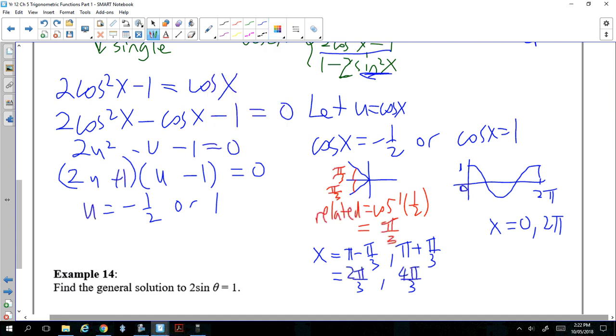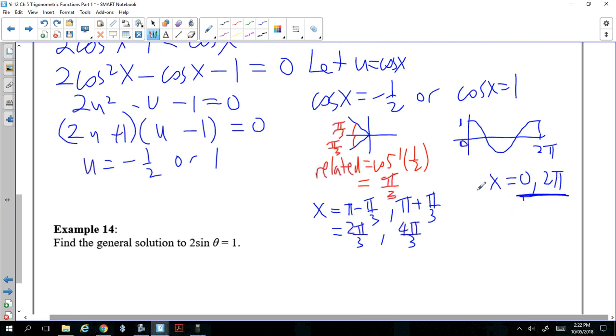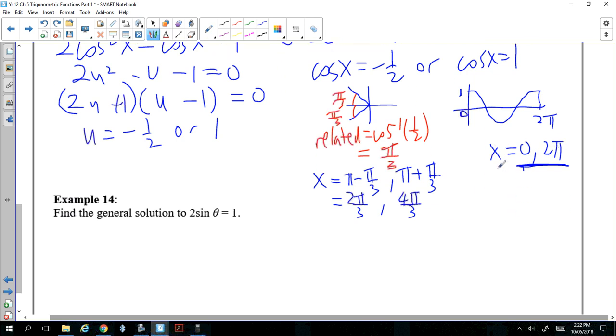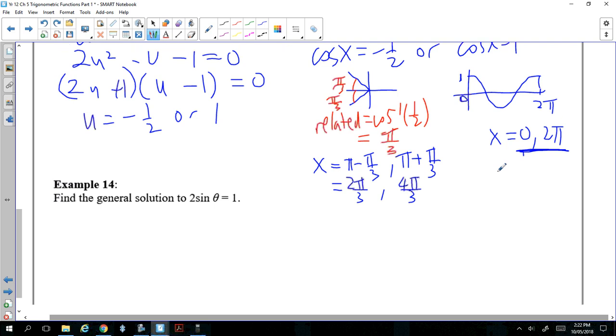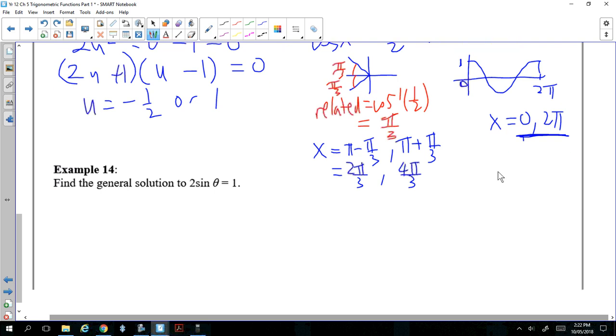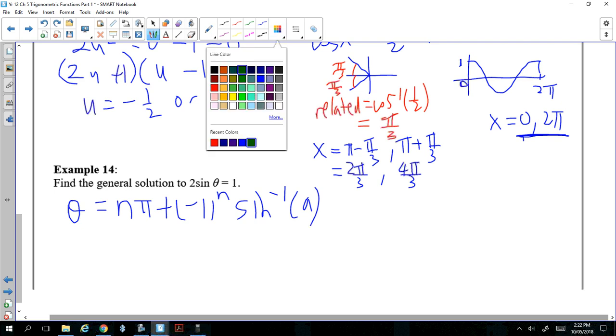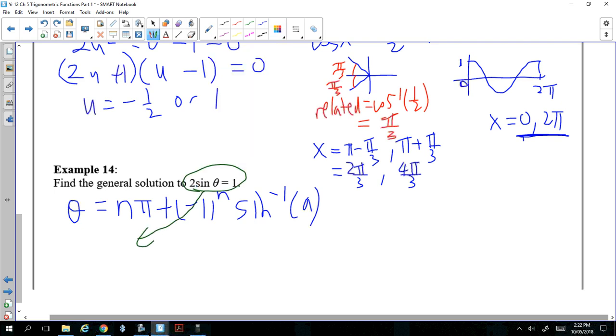Okay, last bit is general solution. It's very easy. You just have to apply the formula. Let's write down the formula. Theta is n pi plus negative 1 to the power n sine inverse of a. So for this one, you have to say this is sine theta equal to half, isn't it? So applying this formula means that the general solution is theta equal n pi plus negative 1 to the power n sine inverse of half.